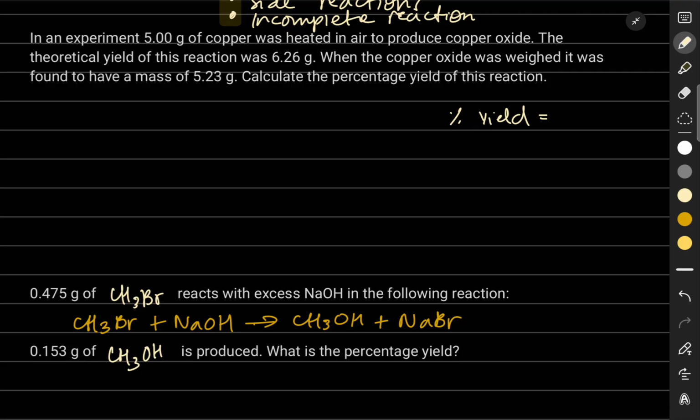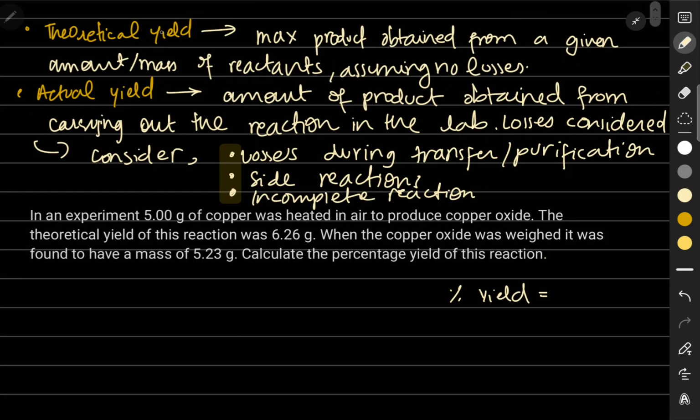So you can say, how much of the product you actually got compared to the maximum possible. In theoretical yield, you calculate the maximum possible, without considering any of the losses. In actual yield, you figure out the actual amount we actually got. So you use both of those to calculate percentage yield.